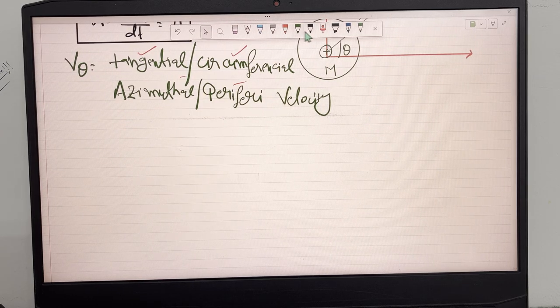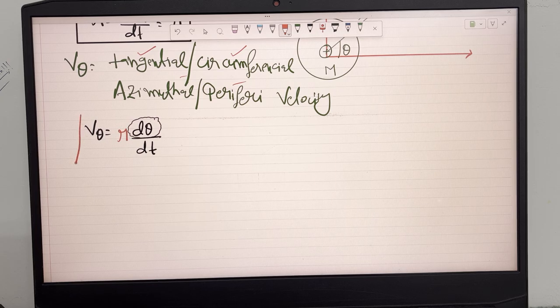Now what is this V theta? V theta is nothing but d theta by dt, similar to dr by dt. One thing I'm saying, please pay attention: whenever theta comes, we have to multiply with r. I will explain this when I teach you aerodynamics and mathematics, because if I explain it here you will not understand so much. So as of now, please remember this.